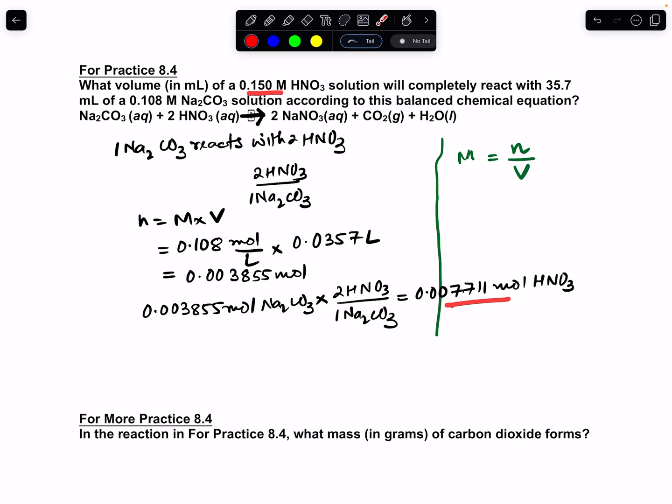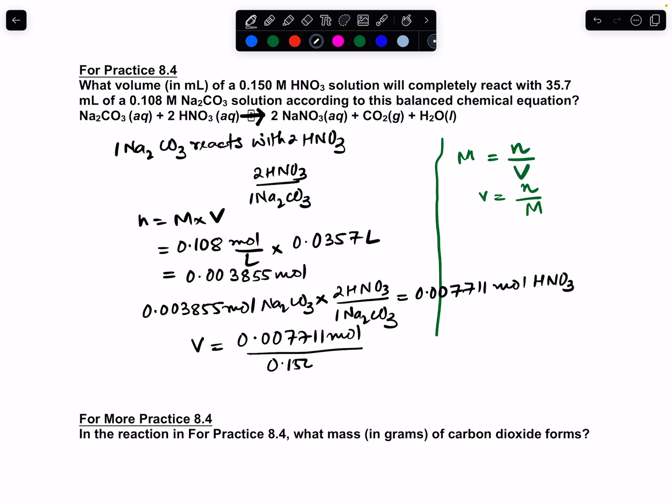All right, once we have that, the next part is to take these moles and the molarity out here, and then use this formula to back into the volume. So if I rearrange this formula to solve for volume, I get volume is equal to number of moles over the molarity. So let's go ahead and do that. The volume is equal to number of moles, so that's 0.007711 moles over the molarity, which is 0.150 molar. Let's rewrite that as moles over liters.